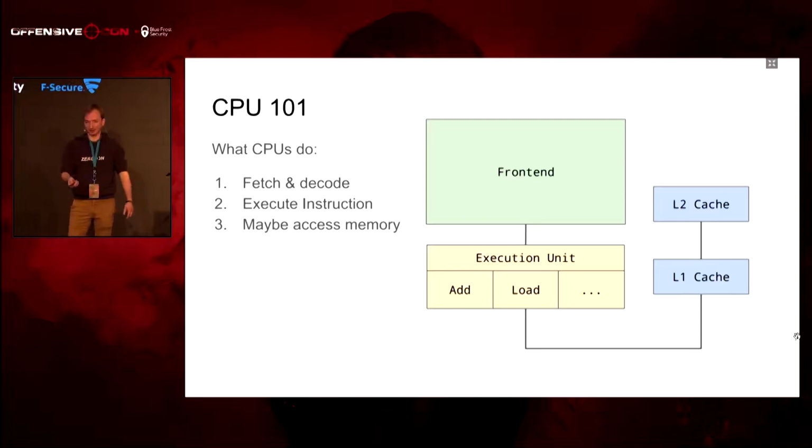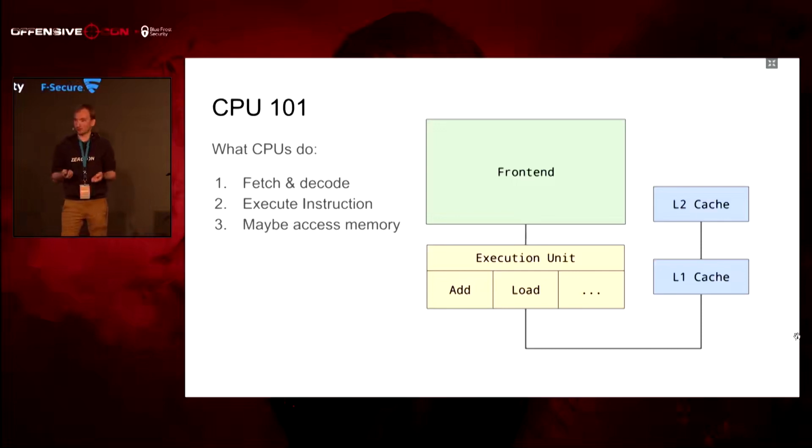So this is how I learned about CPUs in university, right? There's some front end, then there's some execution unit, and then caches. If you want to execute an instruction, it gets decoded, then it goes to the execution unit. Depending on what instruction it is, it will load memory, and then it will go to the cache and read the memory for you.